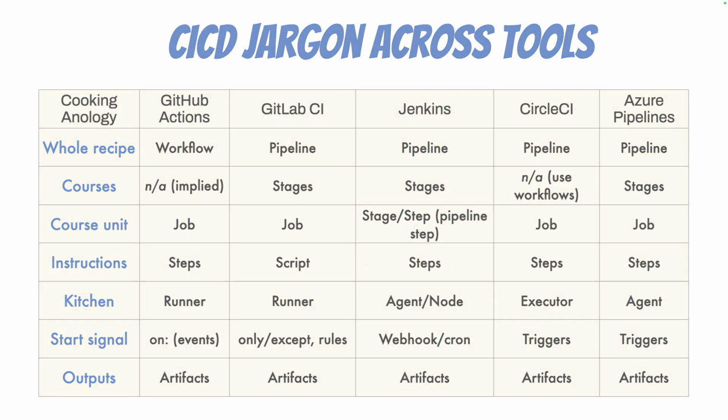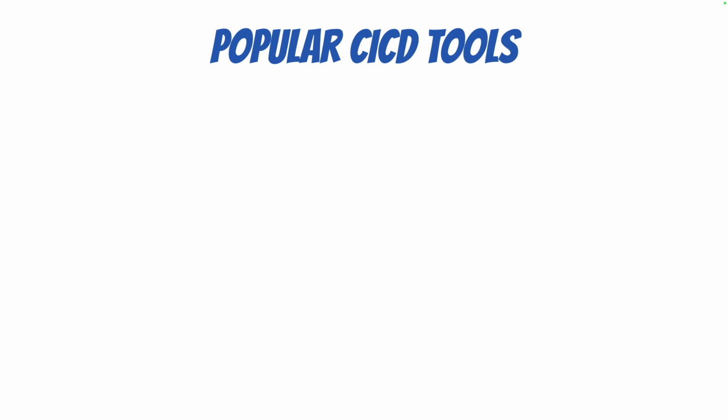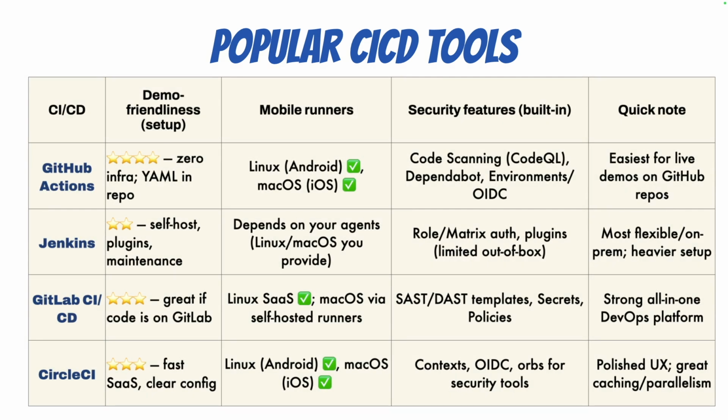As you can see, there are already quite a number of CI/CD tools which you can use. GitHub Actions, Jenkins, GitLab, CircleCI, and many more. This table highlights some of the basic features that these CI/CD tools provide. I will be using GitHub Actions in this series to demonstrate how to write CI/CD for an Android application.